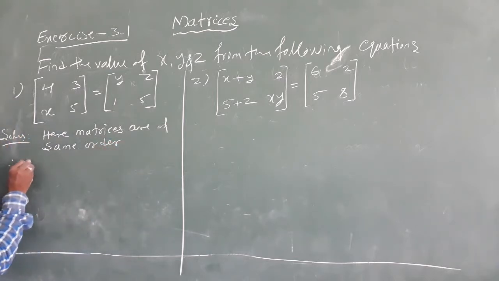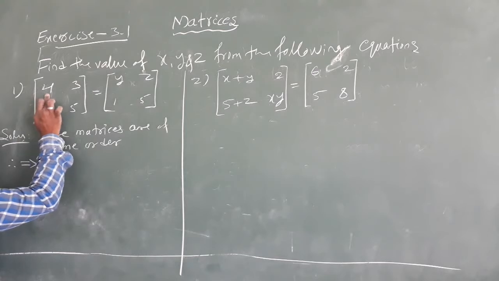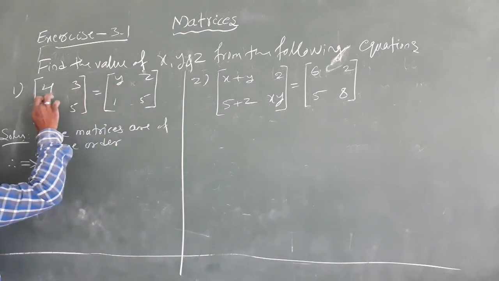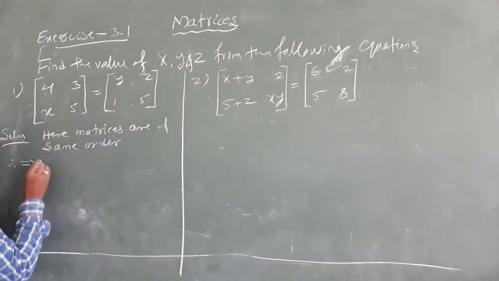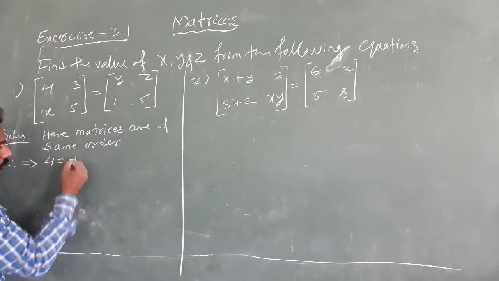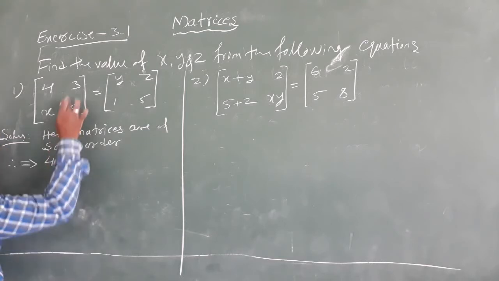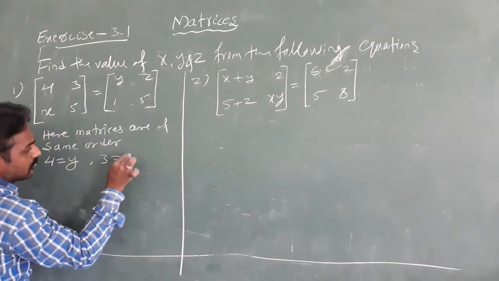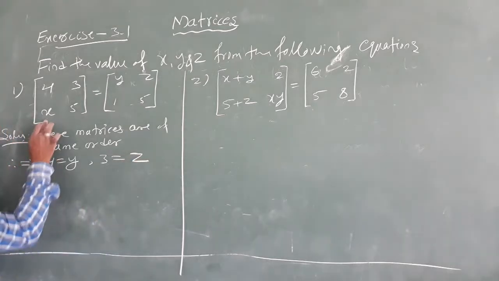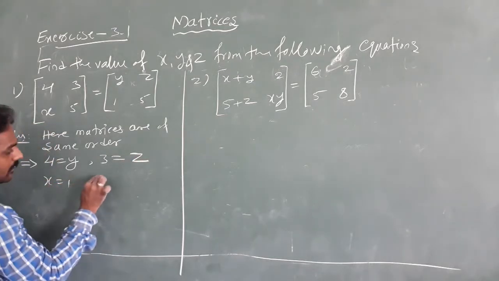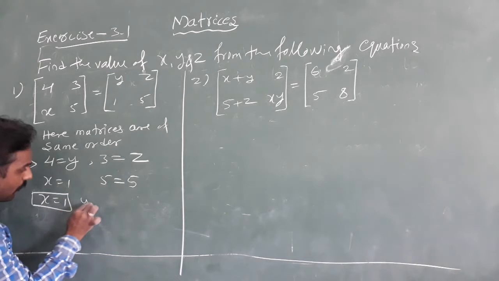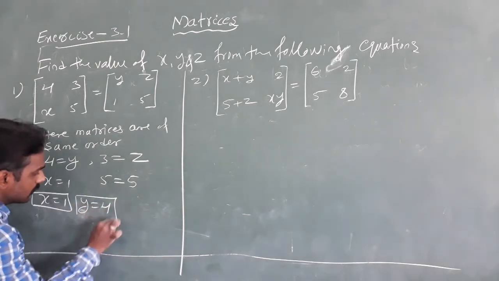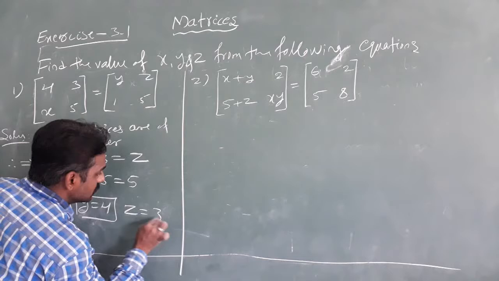Therefore it implies 4 equal to y, A11 equal to B11, so y equal to 4. Next 3 equals z. Next x equal to 1 and corresponding element 5 equal to 5. That is x equal to 1, y equal to 4 and z equals 3.